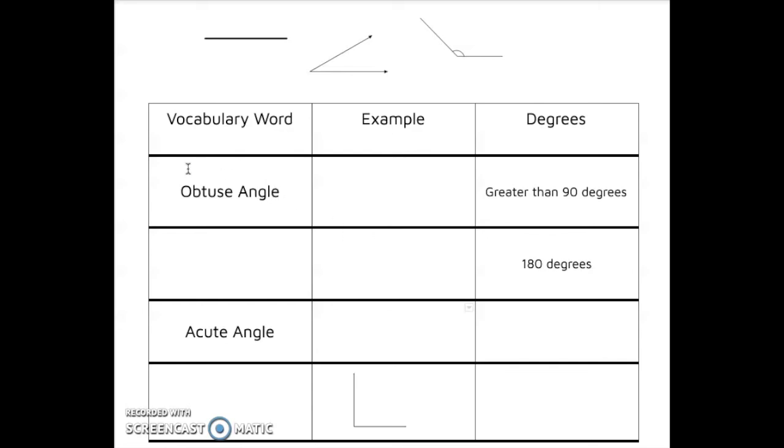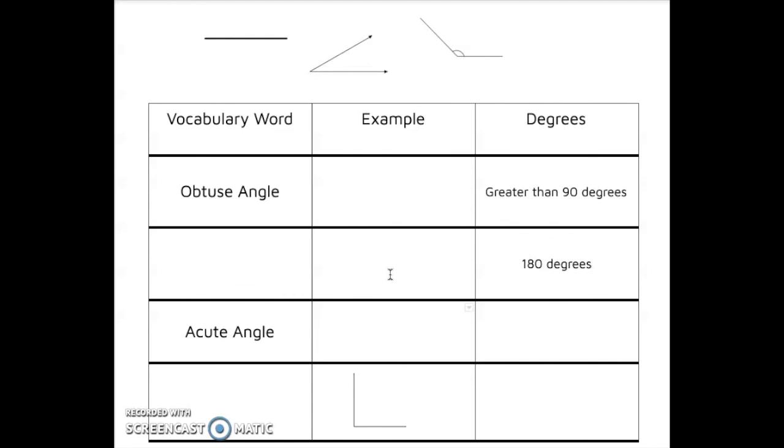So if the vocabulary word is obtuse angle, I would have to choose an example from up here that is an obtuse angle. So I'd click on the obtuse angle and drag it down. The degrees for an obtuse angle are greater than 90 degrees, so that's what it says right here. So then for this one, it says that the degrees are 180 degrees. So you have to think, all right, which one of these angles is 180 degrees?